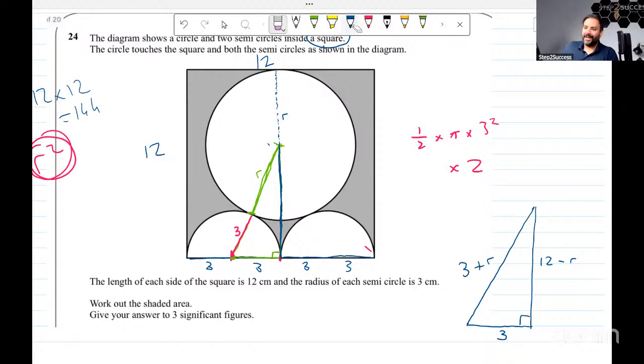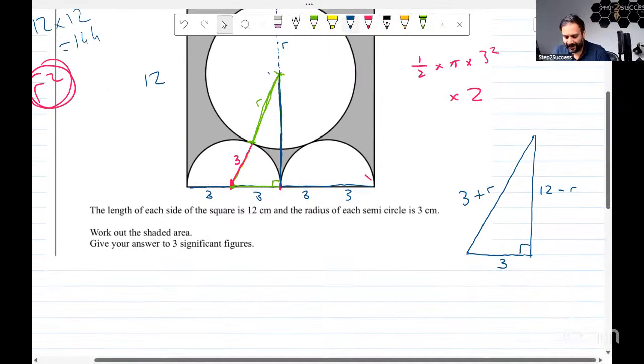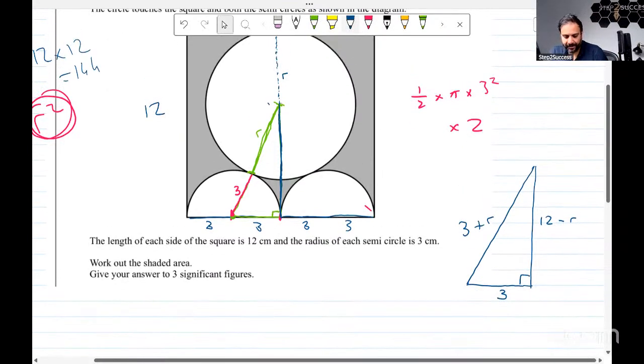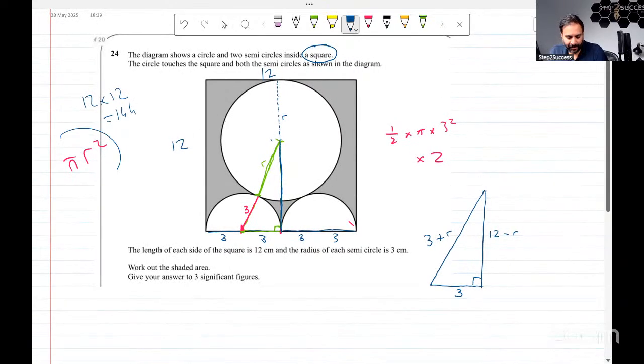We are going to be able to find out what R is now. And once I know what the R is, I can just put it into pi r squared, and that will give me the area of that big circle. So that was the challenging part of this question.